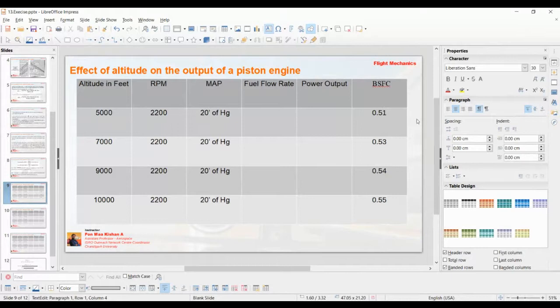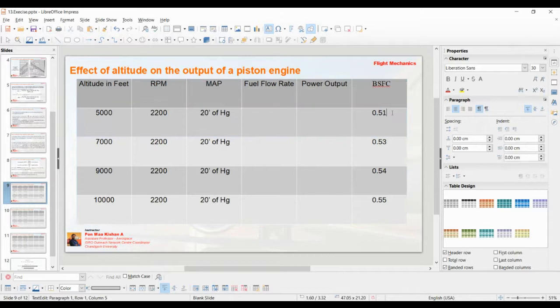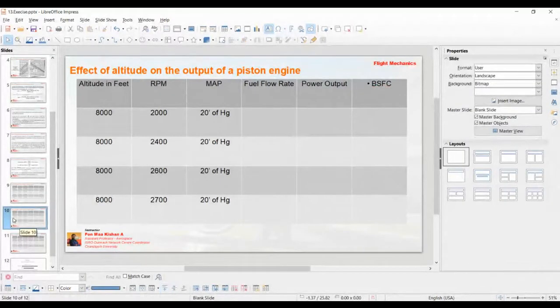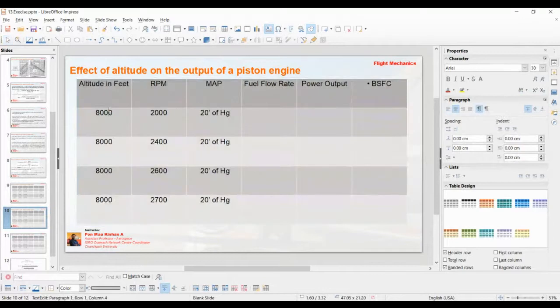So with this graph or with this table, if you ask me, then I will be going for 0.51, because I need the best performance. Similarly, how we calculated right now, we have to calculate by keeping altitude constant. My aircraft is going to fly at 8,000 feet only, but I need to find which RPM is going to be suitable.